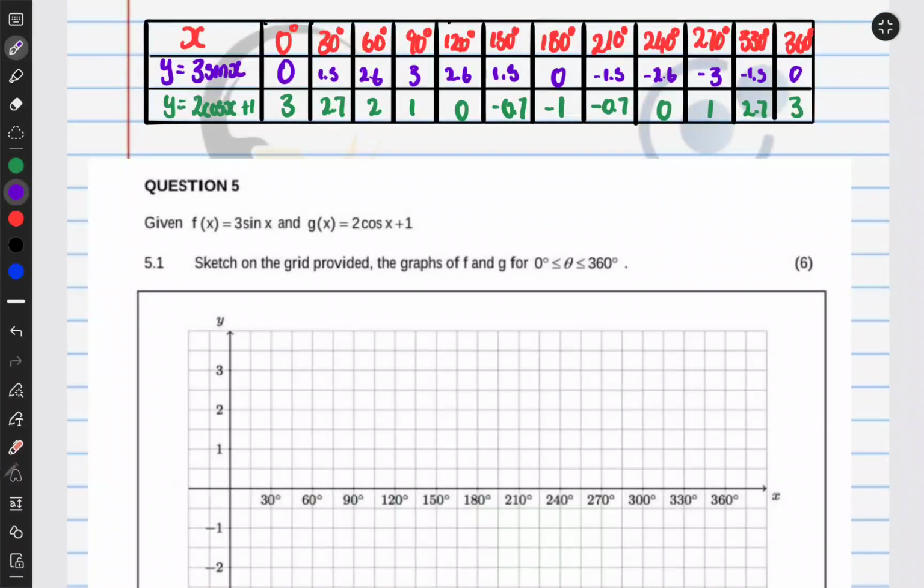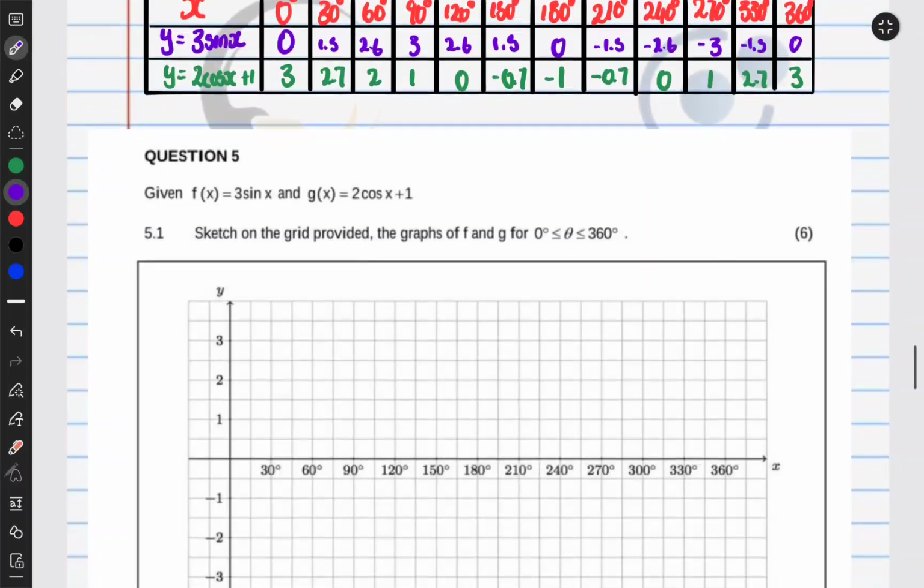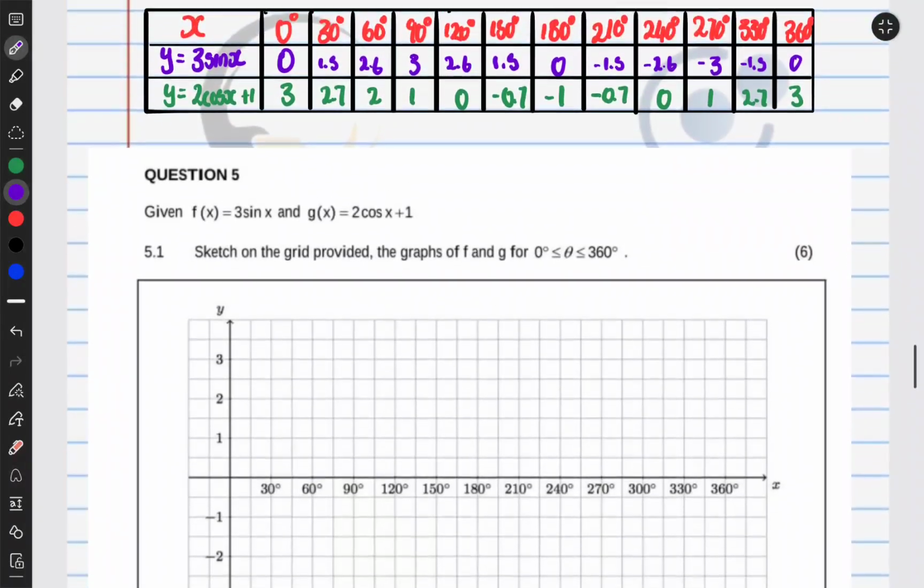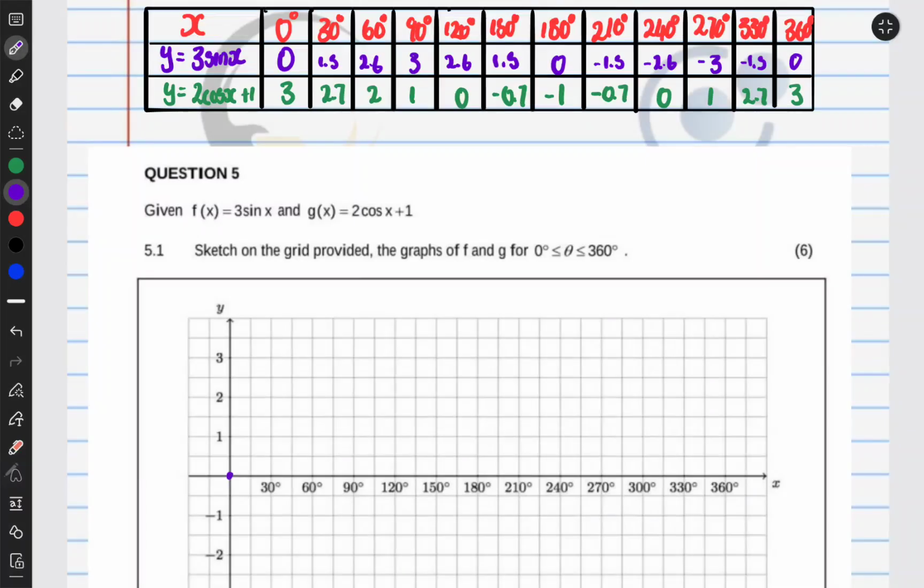Let's get to sketching our function. The first one is the one for 3 sine x, where x is 0, y is 0; 30 and 1.5; 60 and 2.6; 90 and 3; 120 and 2.6; 150 is what, 1.5.